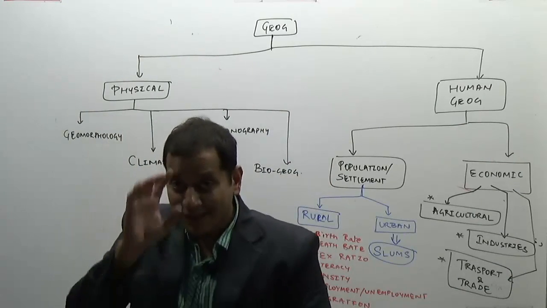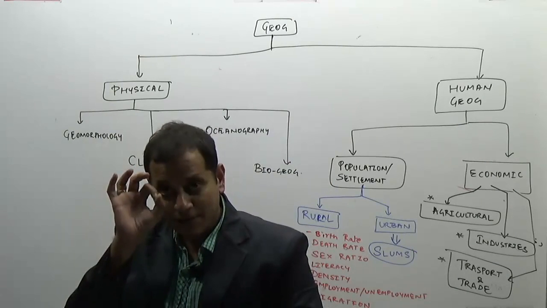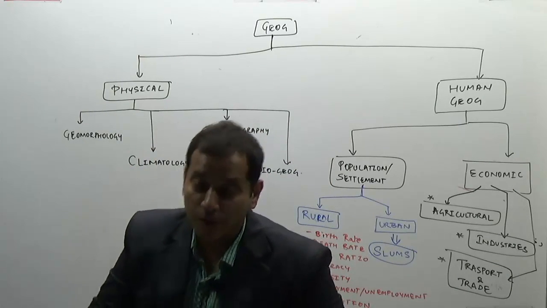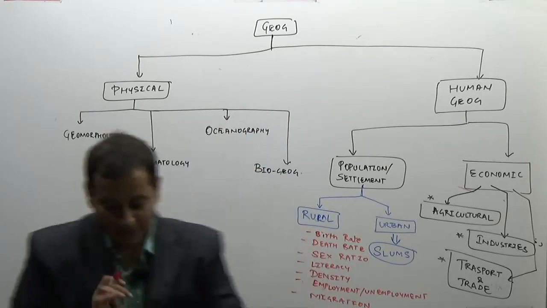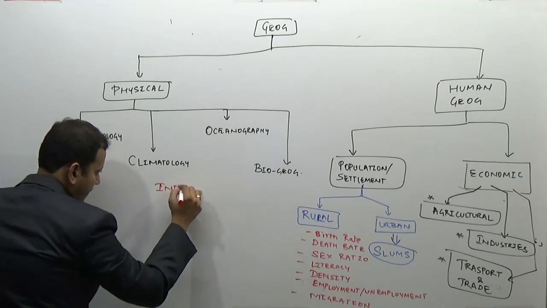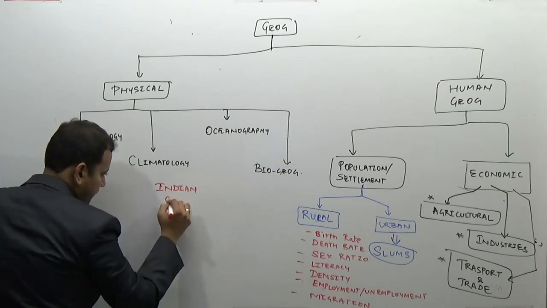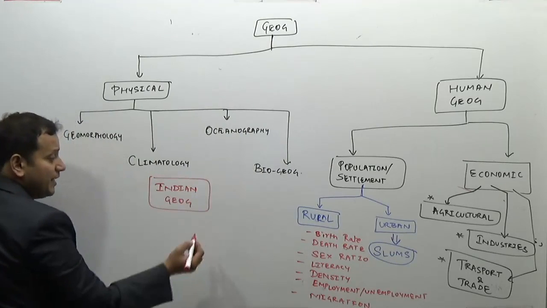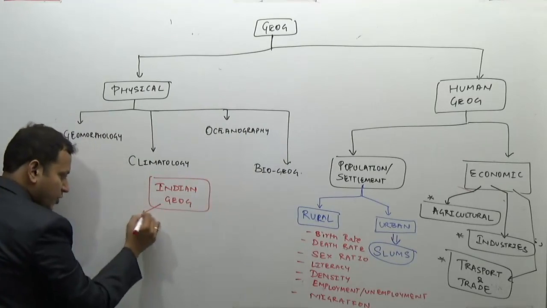So again, for the UPSC examination, we will further cover a certain topic and subtopic, that is, Indian geography. Here again Indian geography will be studied on the basis of physical geography.